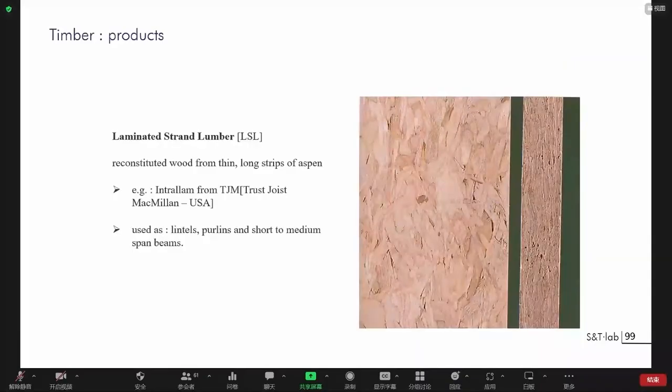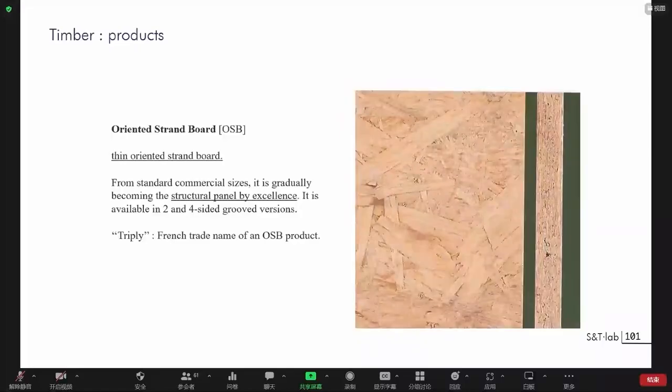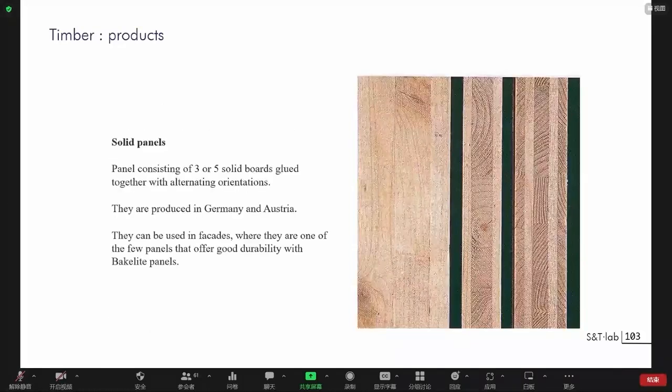New products as panels, here we have composed systems with a lot of resin in it, which could also have very high properties. And you can have also panels such as oriented strand board or multiplex panel that could be used to assemble your system. So what about this? It depends on your philosophy, that we'll be discussing, on the system you will be approaching in the other types.